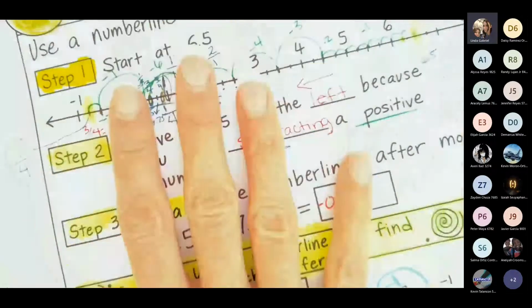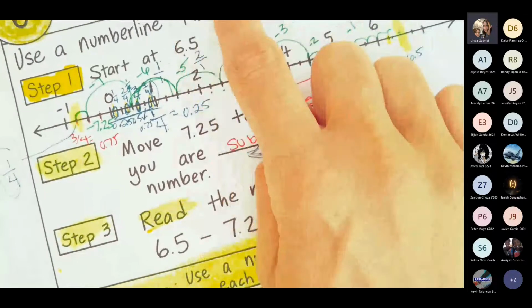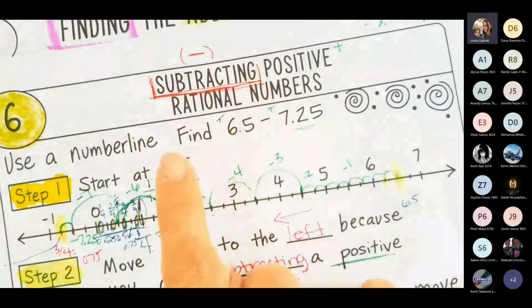So we are now getting to what we talked about last week, our last class period together. We used a number line to subtract positive rational numbers.